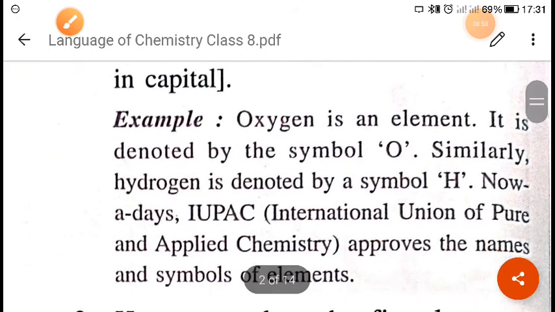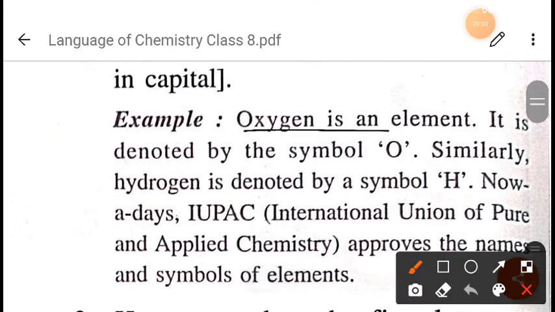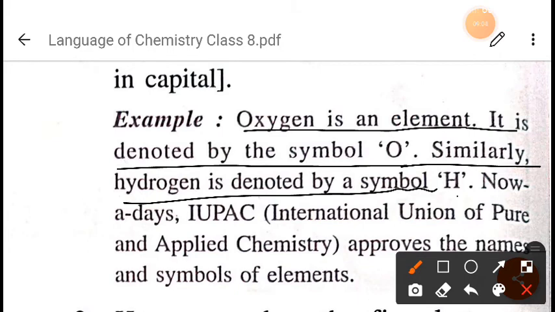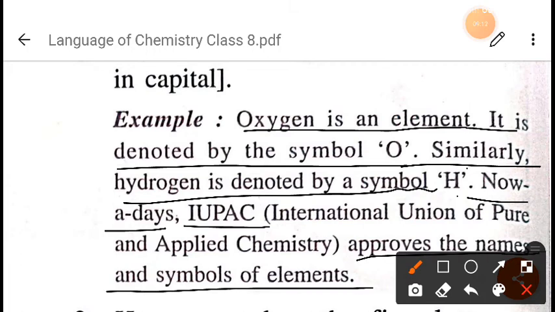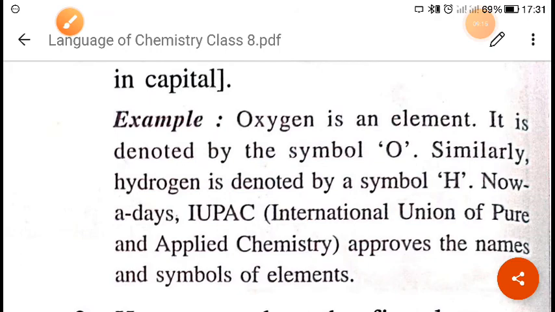So as you can see, oxygen is the element denoted by the symbol O, and similarly hydrogen is denoted by the symbol H. Nowadays, in today's world, IUPAC approves the name and the symbol of the element, right?